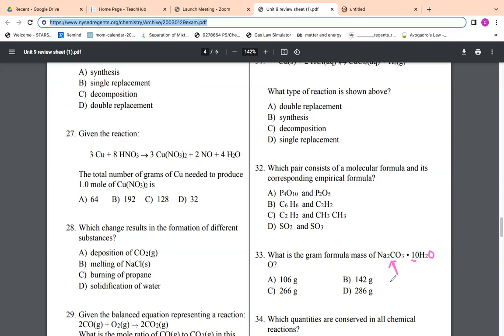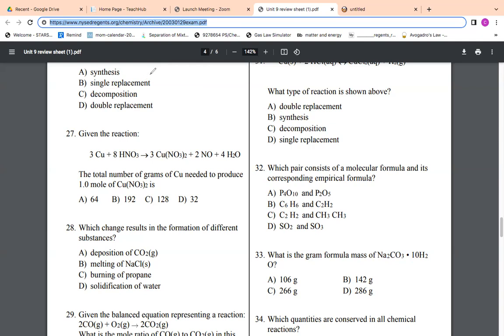So this is known as a hydrate. Again, an ionic compound that is connected to or surrounded by several molecules of water. Now, to find the gram formula mass of this, all you really need to do is find the mass of this, find the mass of water, multiply that by 10 and add all of these things together. So we're going to do that right now.